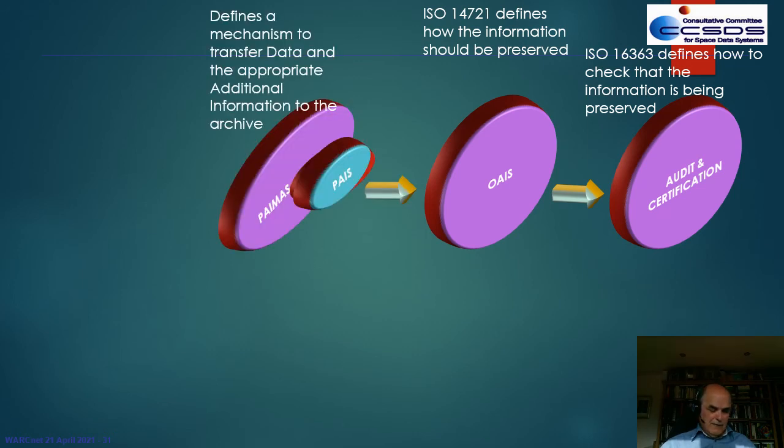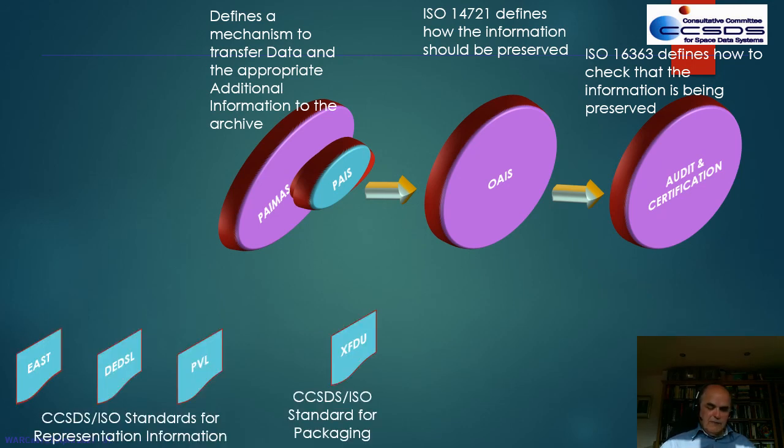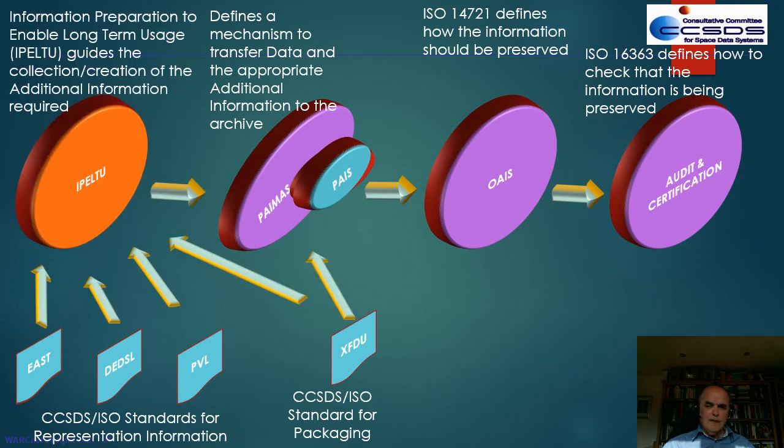We have standards describing, in a general way, how to transfer information to an archive from a producer. We have standards for creating certain types of representation information. And we're also working on how to make sure all the information needed for preservation is collected.